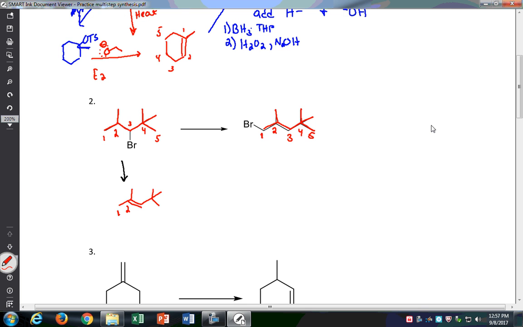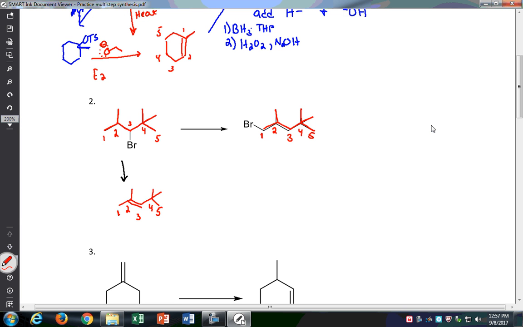And it's really important. Notice I'm not losing any of my other carbons in my backbone. When you're drawing these, you have to draw them looking correctly. If I didn't draw one of my CH3 groups, that would be incorrect because nothing's removing that CH3 group. It's still there.